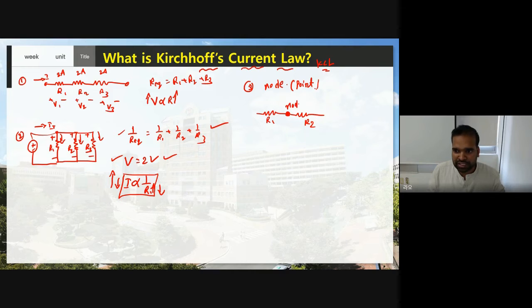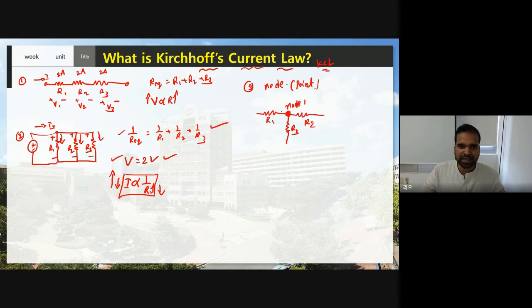Yes, of course. This is my node 1. And if I say here this is my R3, then R1, R2, R3 are connected in a common place, that is nothing but a node. So a node is nothing but a point, and it is an interconnection of 2 or more elements.